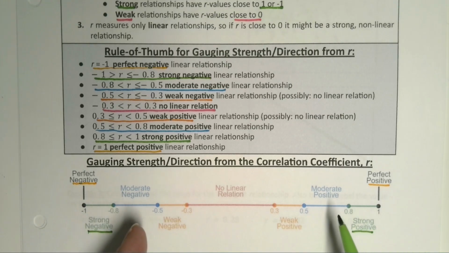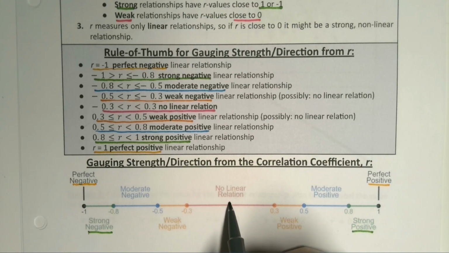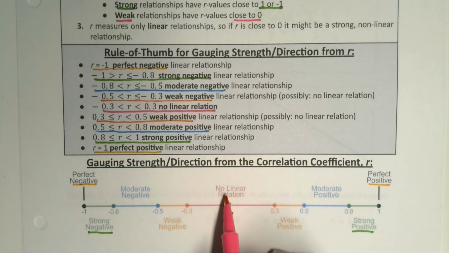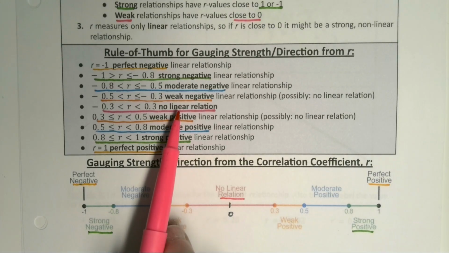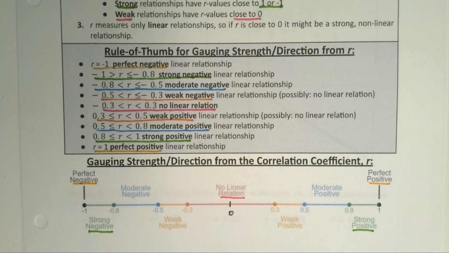And then as you work your way in to 0, 0 is in the middle, which I forgot to put in this diagram, but 0 is right here. So the closer you are to 0, the weaker you are. As a matter of fact, once you get close to 0, within -0.3 to 0.3, it's no linear relation at all. It's so weak that there is not a relation.